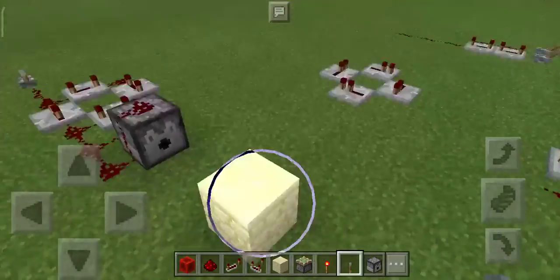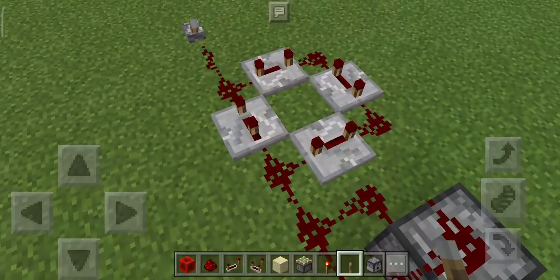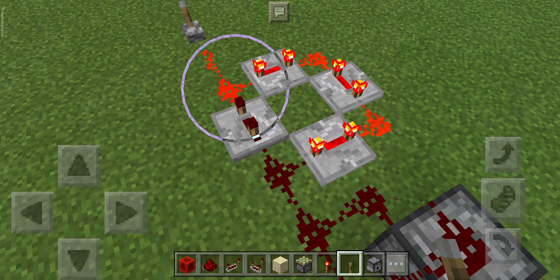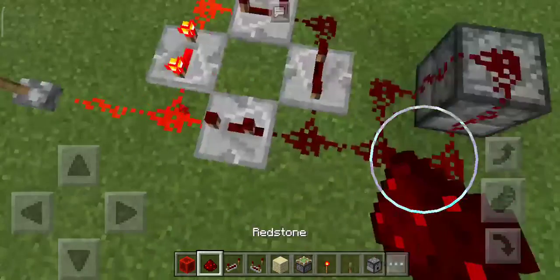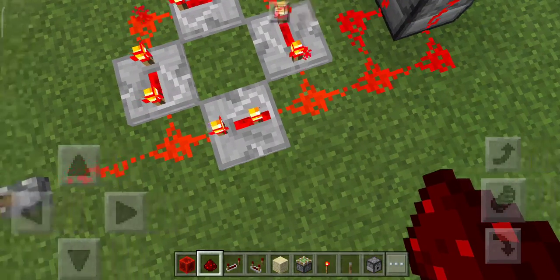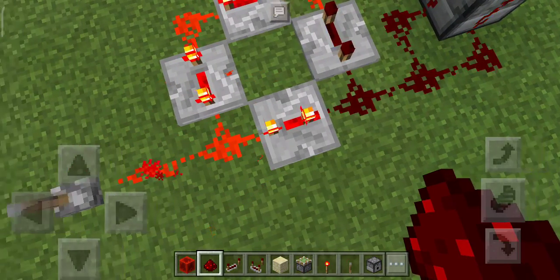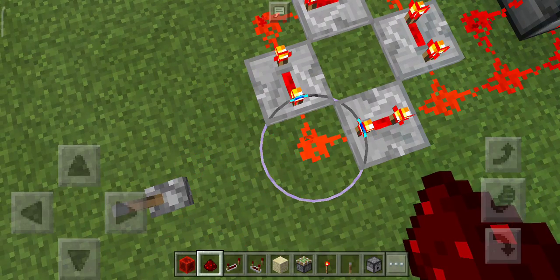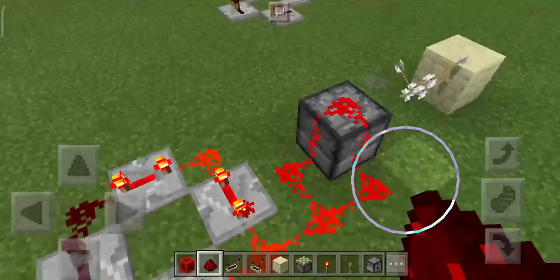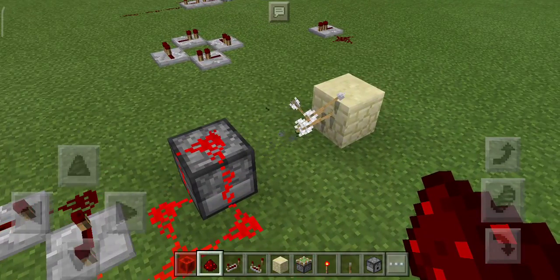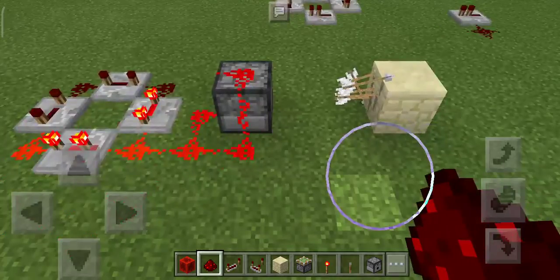Now, if you remember in the last episode, I showed you a redstone clock. Now, if I destroy this, and wait, I think I did not do that right. Okay, so we can see that this is going on like this, and it keeps going on, right?